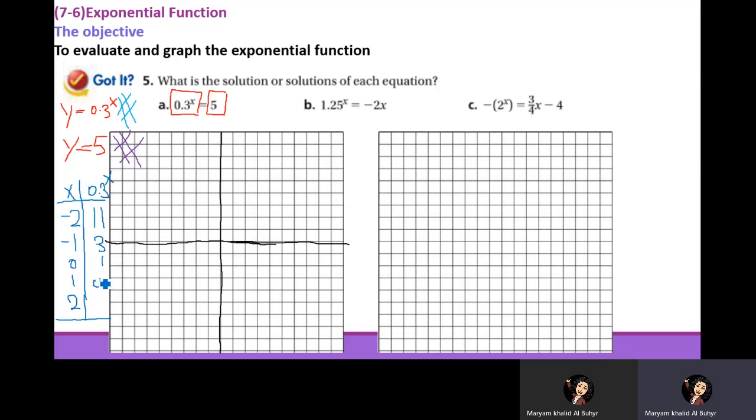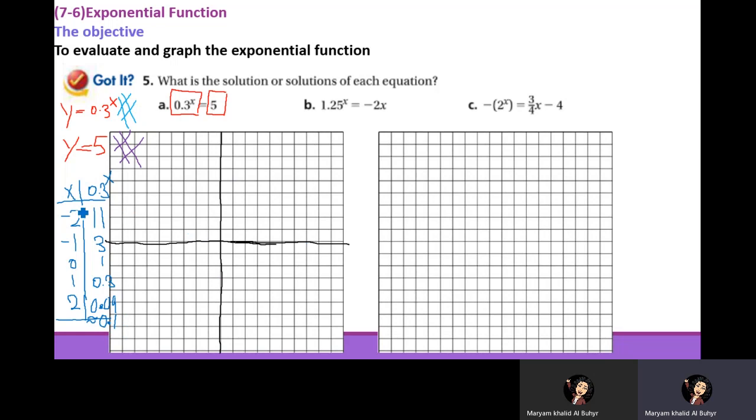Once you have 1, it will be 0.3. Once you have 2, 0.3 to the power 2 will give you 0.09. Look, 0.09, a very small value. I'm going to estimate this one as 0.1.